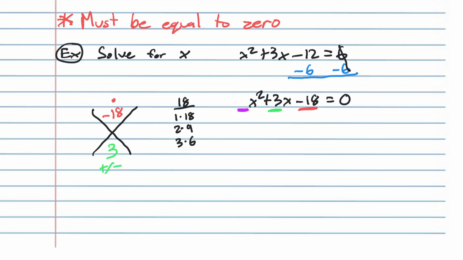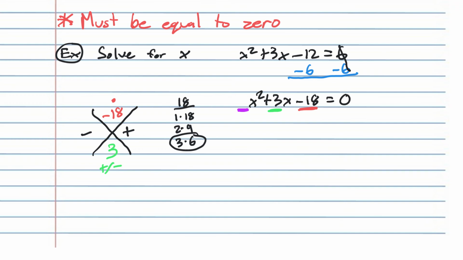One of those has to work, keeping in mind we do have to get to negative 18. So we know that one of our numbers has to be negative and the other has to be positive. That's the only way you can multiply to a negative number. If you look at all the combinations, the only combination that's 3 numbers apart from each other would be 3 and 6. Okay, so that's going to be the combination.